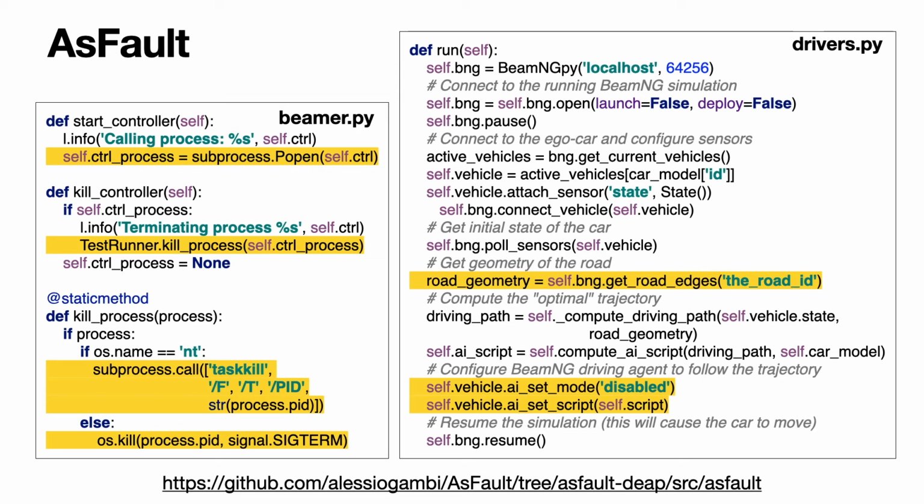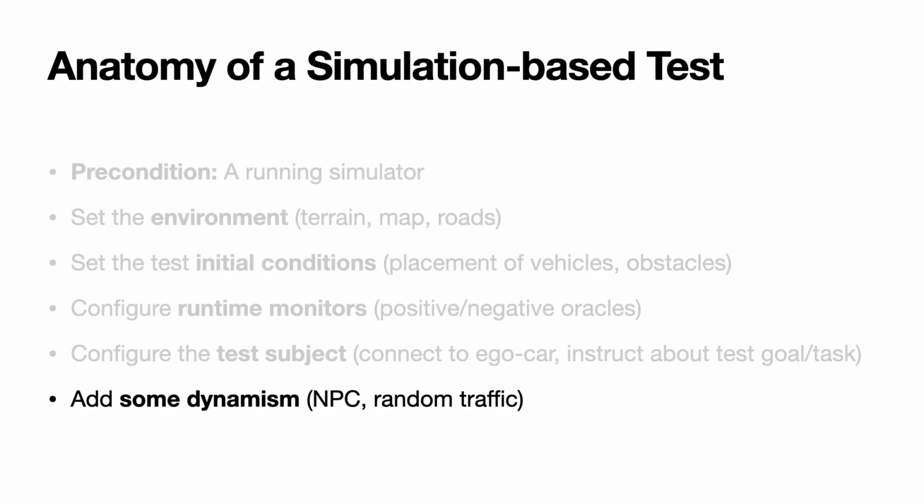But this time, if you look, I'm disabling the AI, and then I'm controlling it using the script. So I invoke set_script, and this will basically force the car to drive according to this trajectory that I've just computed. So that's how I can configure the test subject.